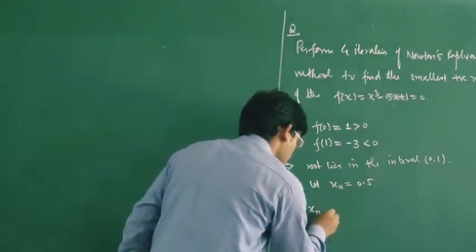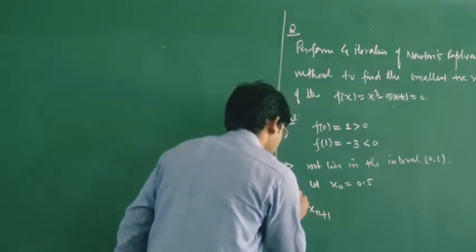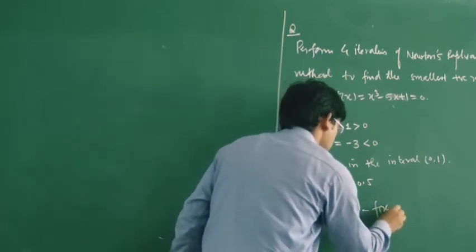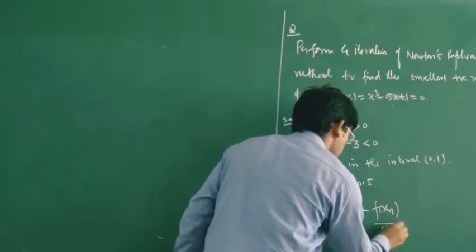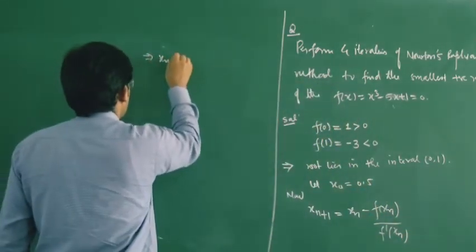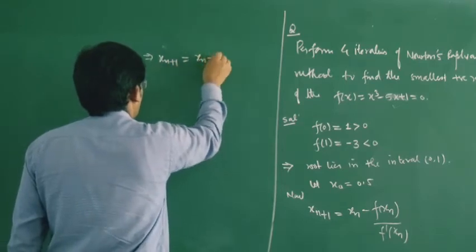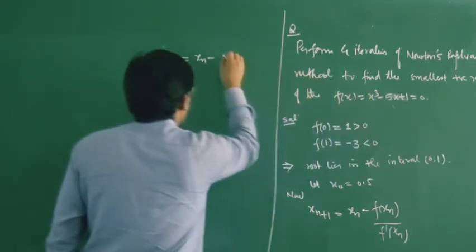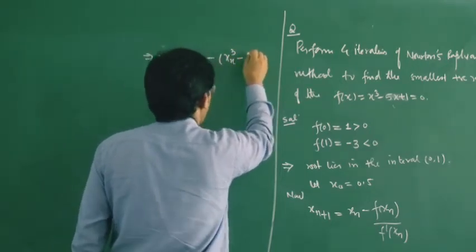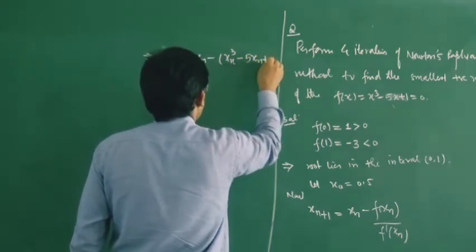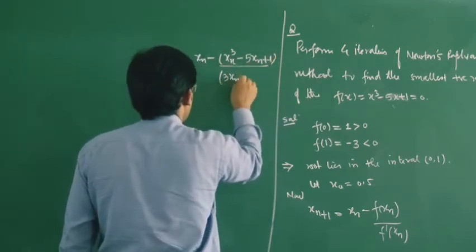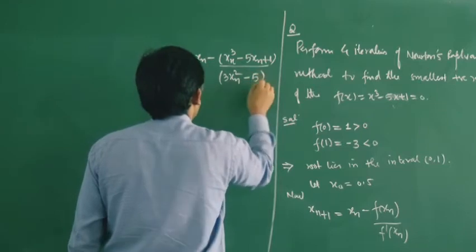Now our Newton Raphson method is x_{n+1} = x_n - f(x_n)/f'(x_n). So x_{n+1} = x_n - (x_n^3 - 5x_n + 1)/(3x_n^2 - 5).